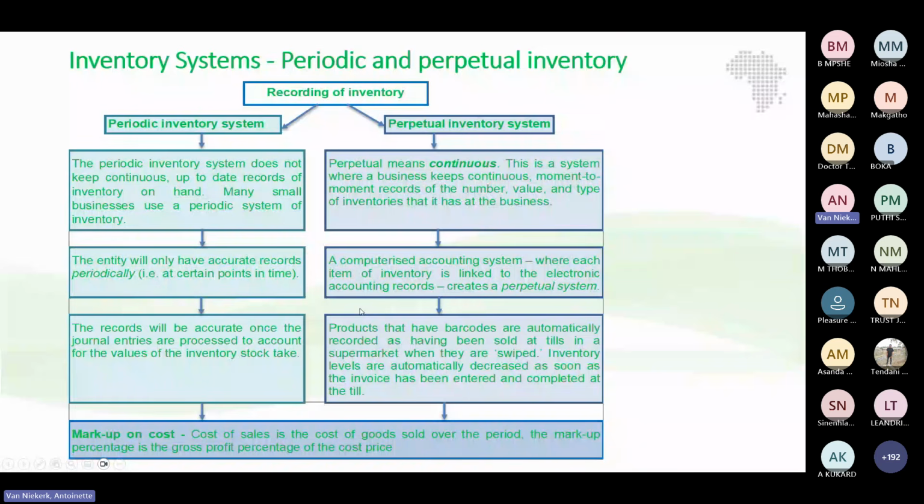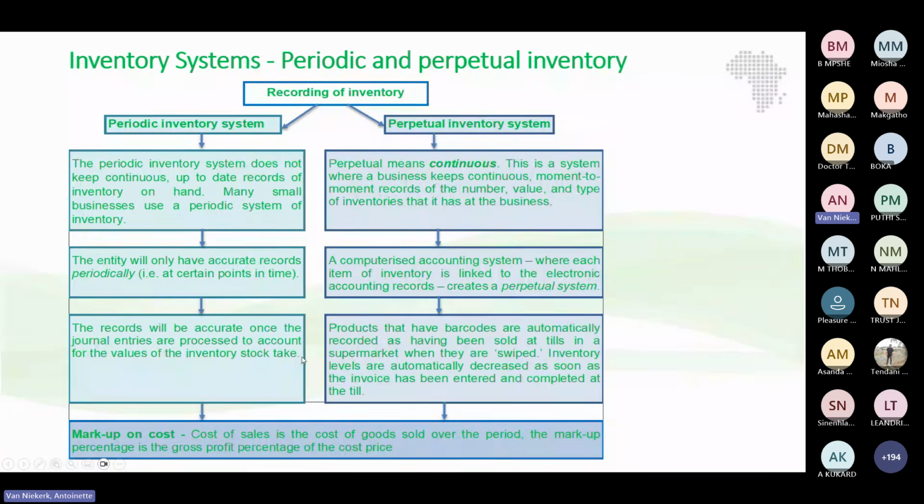And under periodic again, the records will be accurate once the journal entries are processed to account for the values of the inventory stock take. We have spoken about that.